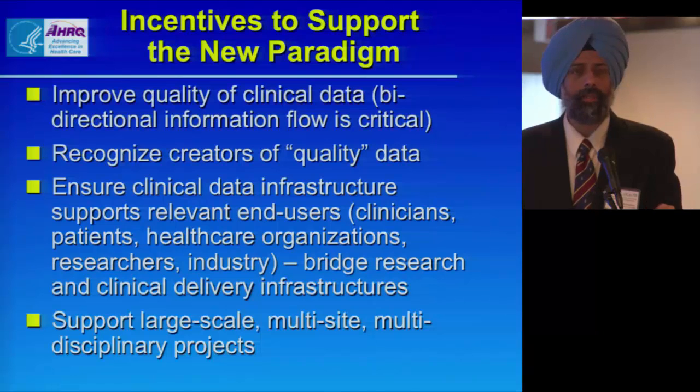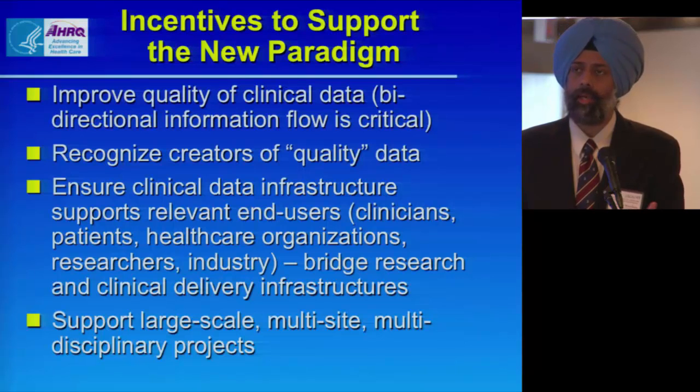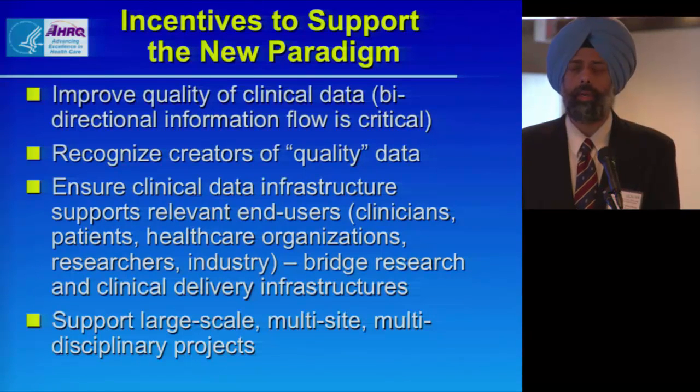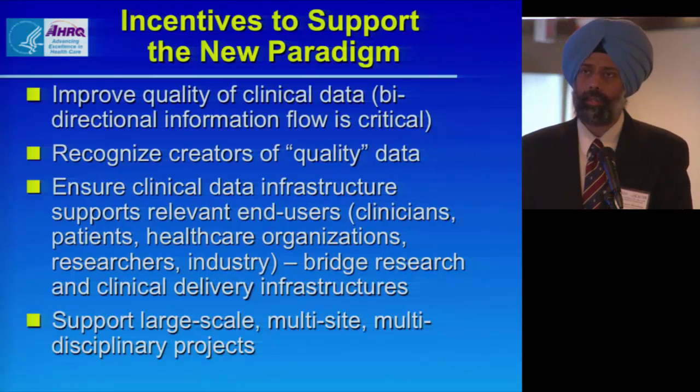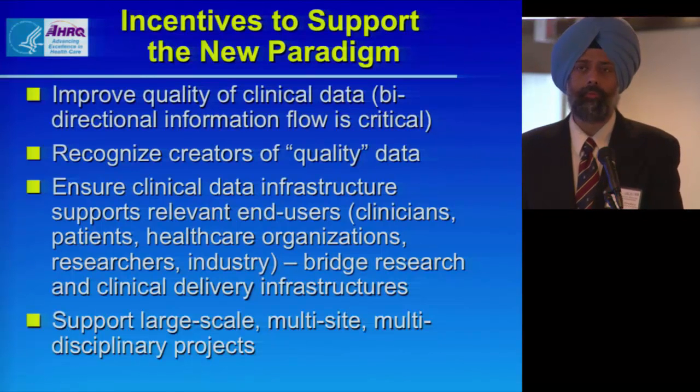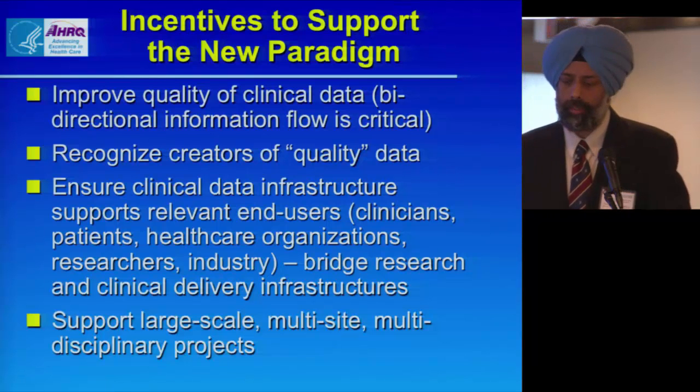And the incentive to do that is not because someone wants to publish off of it. The incentive to do that is because someone wants to improve patient care from that. So if we can encourage bidirectionality of the data, such that we're not always taking the data from the health system and publishing, but also making sure that it goes back to the clinician, back to the patient to actually improve quality of care, that itself would be a big incentive to improve the quality of data.